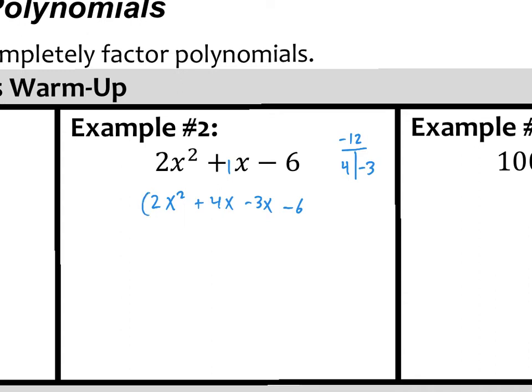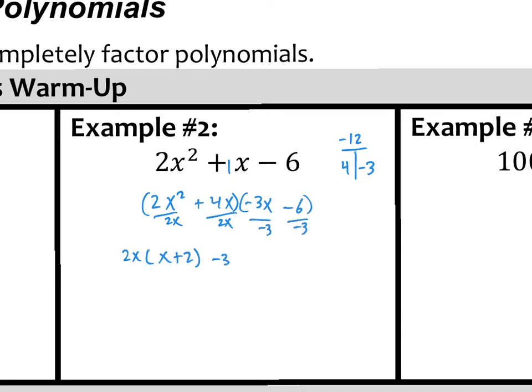I'm going to group. 2x is common in the first group, so I'm going to put that out front. Divide both by 2x. I get x plus 2. Common in the second group, I can divide both those by negative 3.